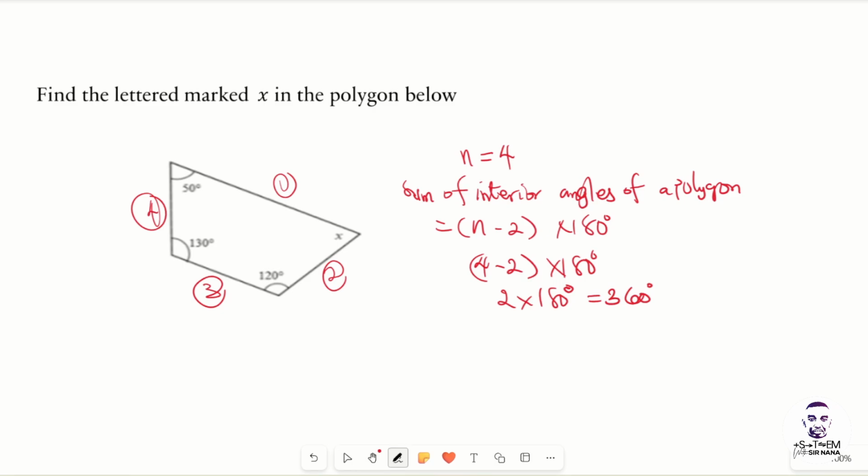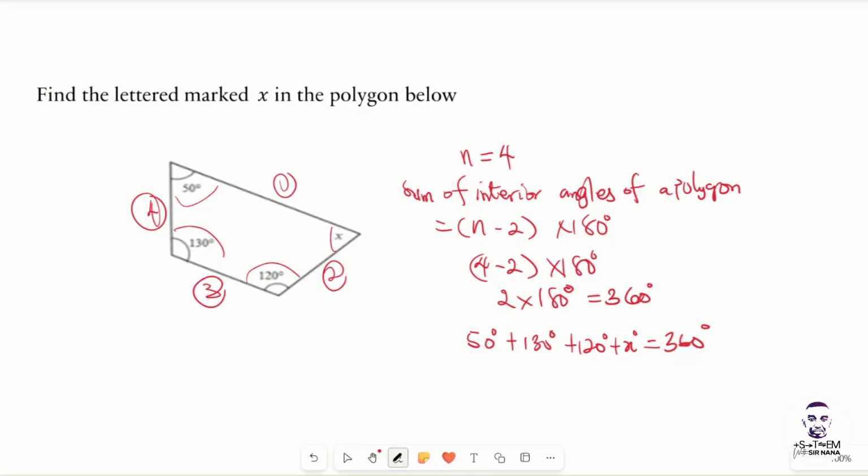Now we can sum all the angles inside here and equate it to 360 degrees so we can find our x. So it means that we have 50 degrees plus 130 degrees plus 120 degrees plus x degrees is equal to 360 degrees.